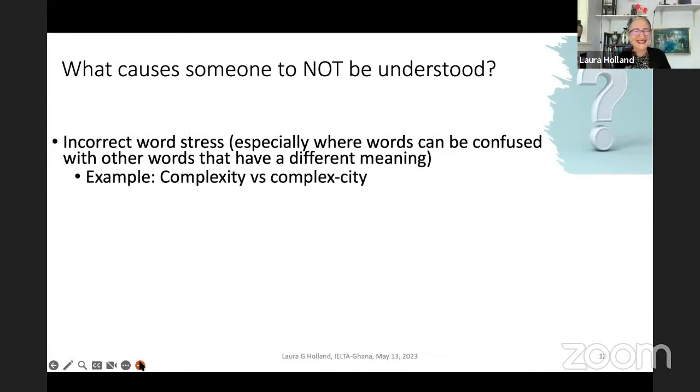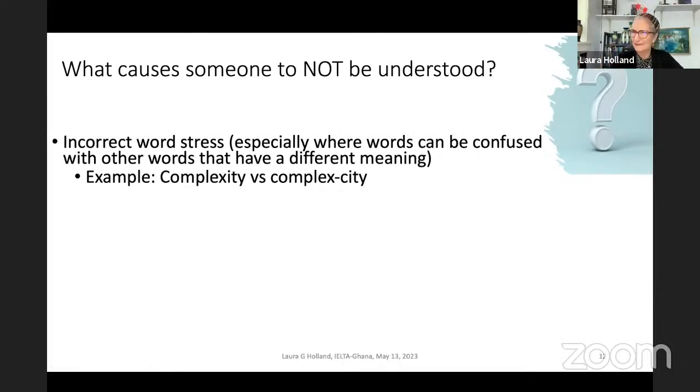Here's an example that has come up many times in my classes. We had this reading in our textbook, and there was the word complexity. I was teaching a speaking and listening class, so we listened to it first, just audio. Then I asked my students to write some of the words on the board in pairs. It was interesting how many of them wrote complex city instead of complexity, because that's what they heard.